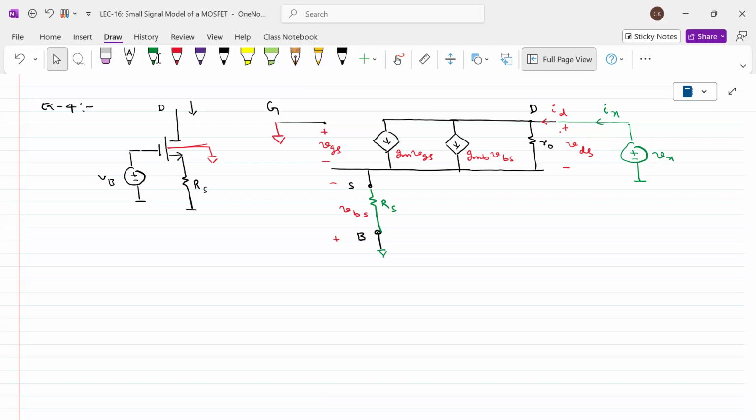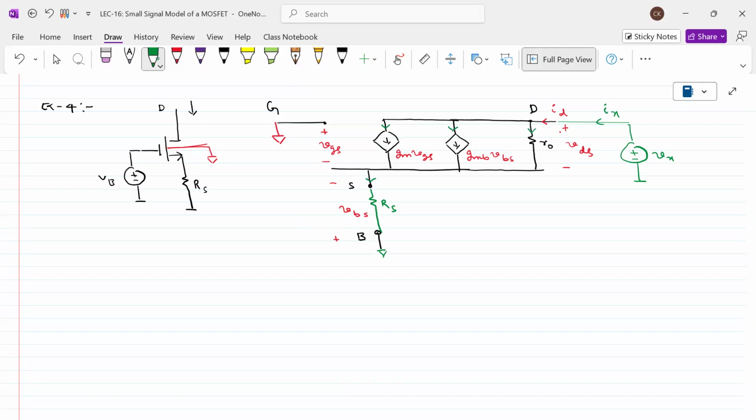How do I replace VGS and VBS? As you closely observe, this Ix will flow from here, and also flow through this one, and it will reach this point.